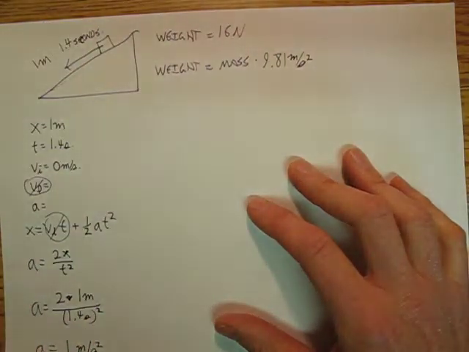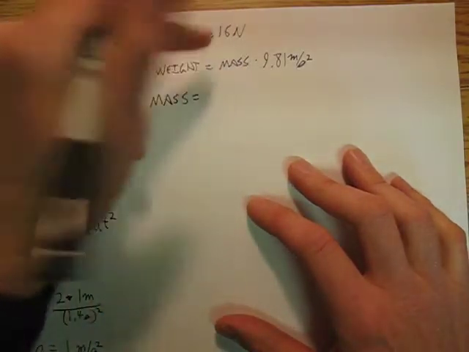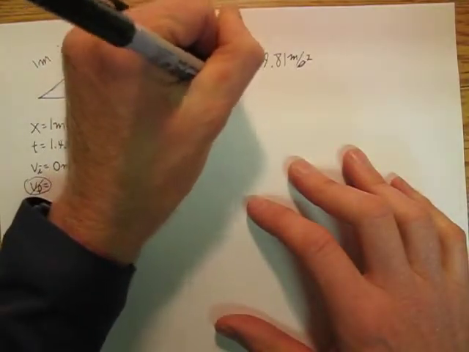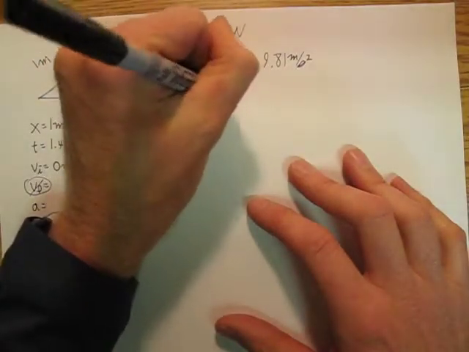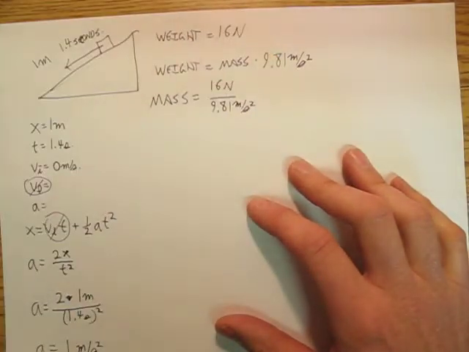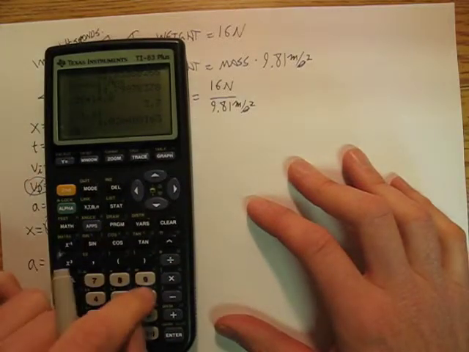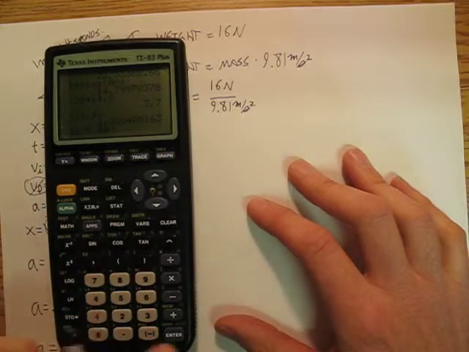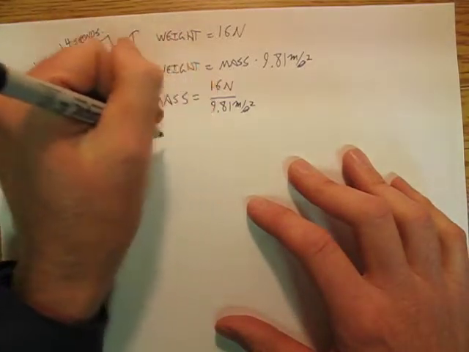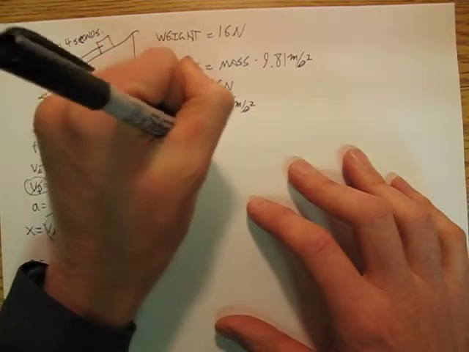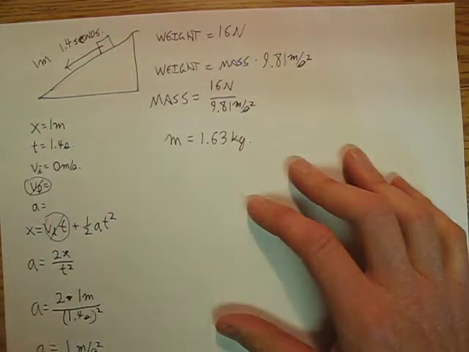So to find the mass, I take the weight, 16 newtons, and divide it by 9.81 meters per second squared. I've got 16 divided by 9.81, and I get 1.63 kilograms. And that is the mass of the brick.